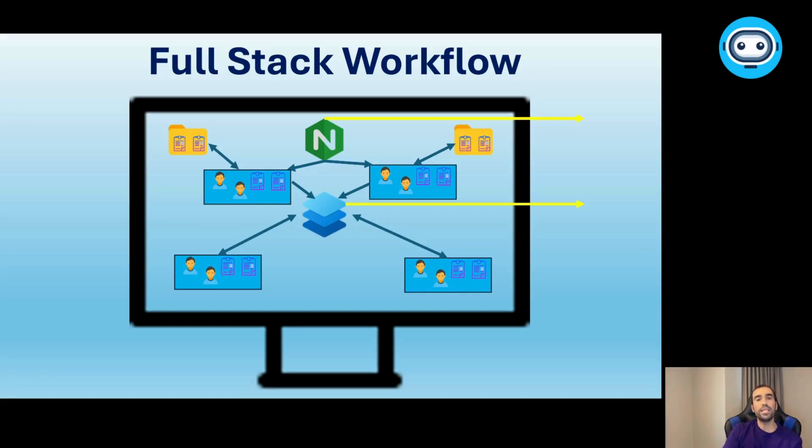So now that we've covered enough about multiprocessing and multi-threading, let's talk about the actual full stack workflow. Now I believe you can better understand what happens behind the scenes. Once a request from the browser comes to my server, my web server, Nginx, is responsible for taking that request.